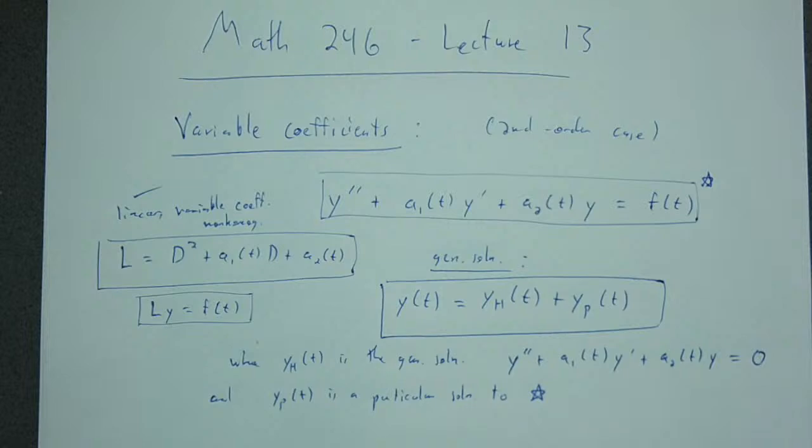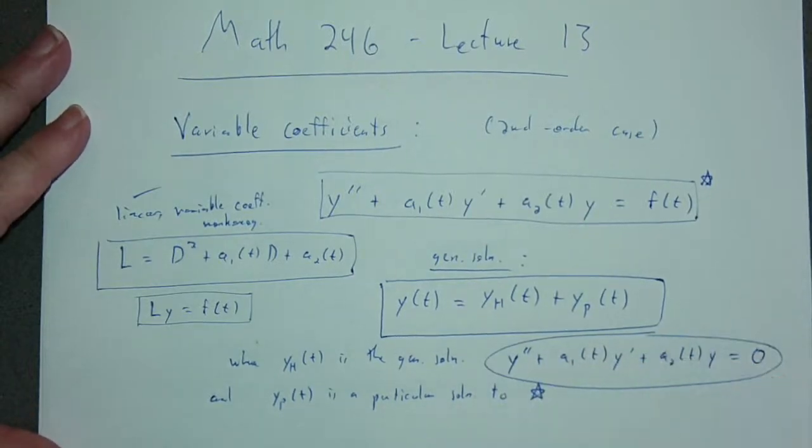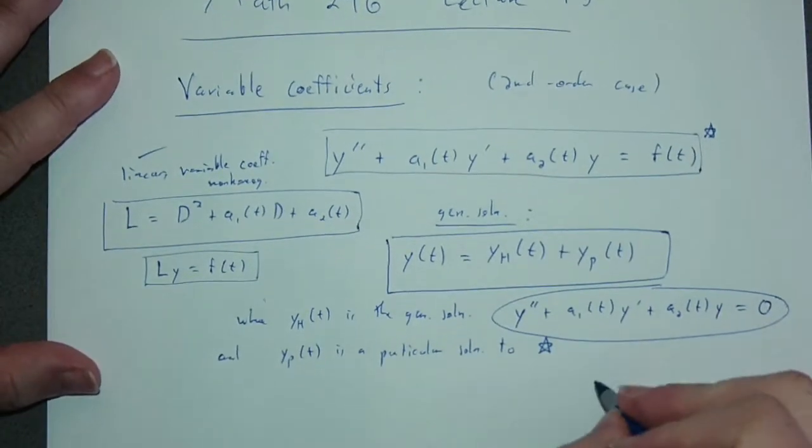But here something's different, because we were able to use the characteristic polynomial to find this in the previous case, when we had constant coefficients. We can't do that now. So there is a slight problem: y_h is the general solution to this variable coefficient homogeneous equation, so all we have to do is solve a variable coefficient homogeneous, say, second order equation like this. There's a slight problem.